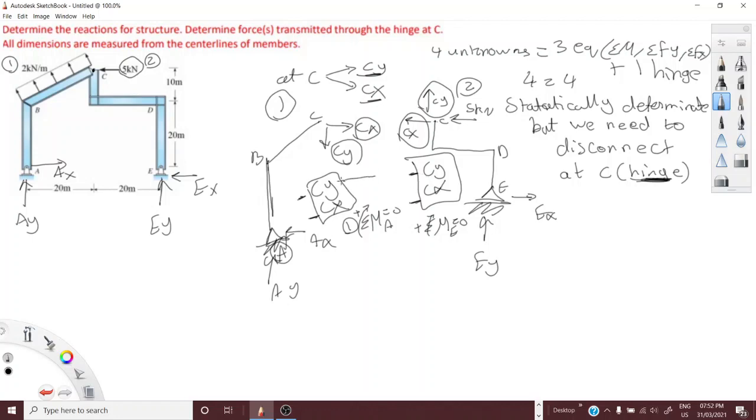Once I have found them, I will relate both parts. So I will find Cx here and Cy here, then I can use summation of Fy and summation of Fx to find Ex and Ey.